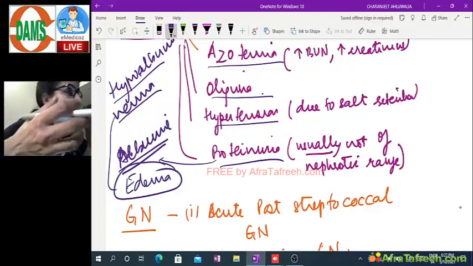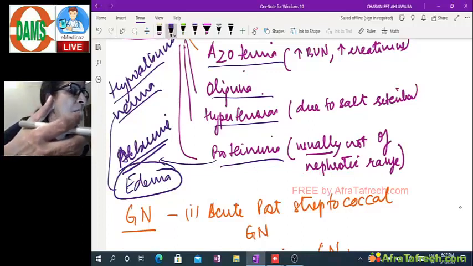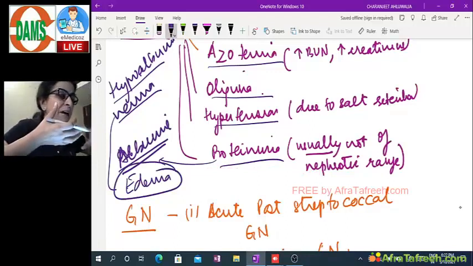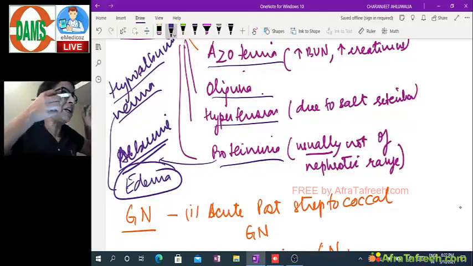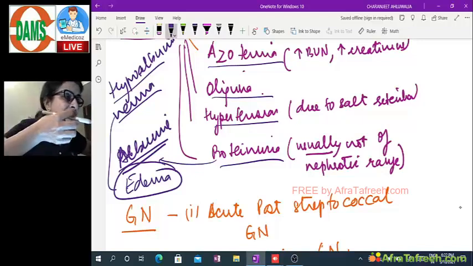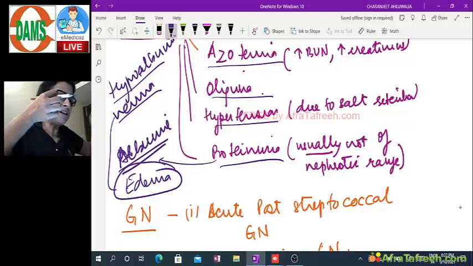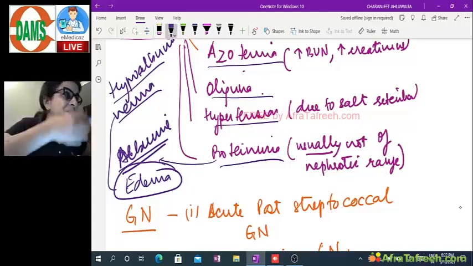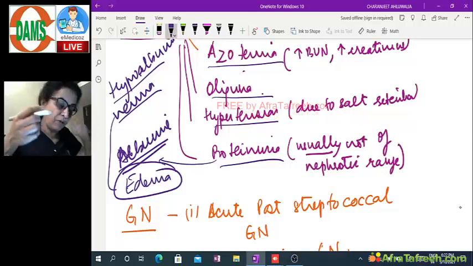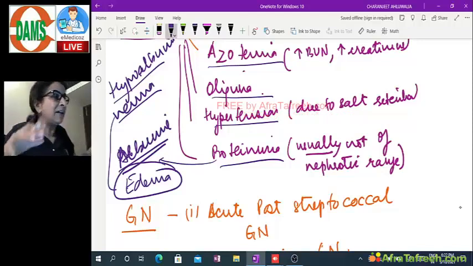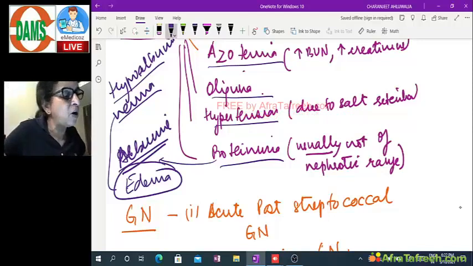Now where will edema occur most commonly? In the peripheral parts, in the feet. The feet will become swollen, and especially if the edema is due to kidney disease, it first appears around the eyes. So first you see periorbital edema, then the feet also get swollen, and you can have generalized edema or anasarca also.